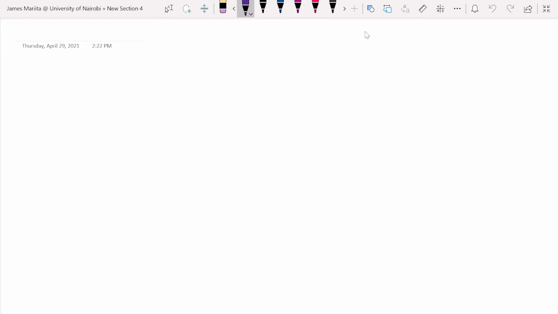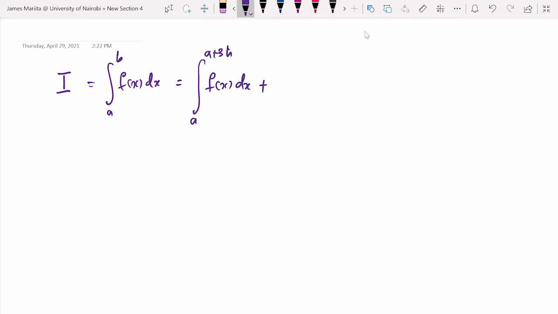Our integral from a to b will be equal to the integral from a to a plus 3h of f of x dx plus the integral from a plus 3h to a plus 6h of f of x with respect to x, plus all the way to the integral up to a plus nh. Let's call that equation 1.